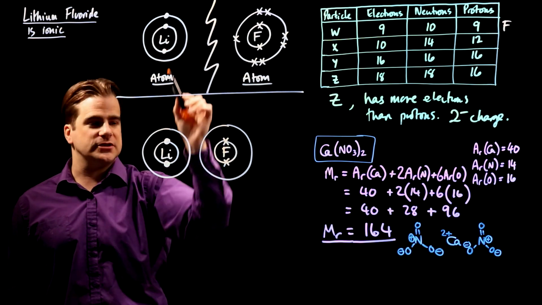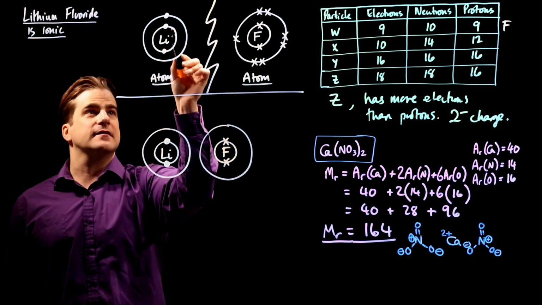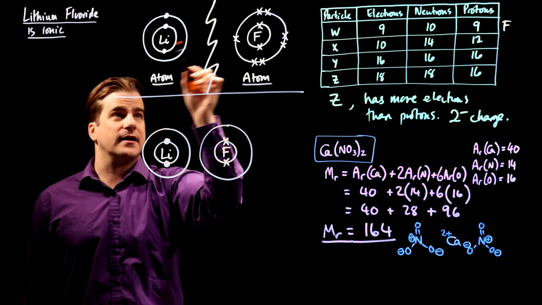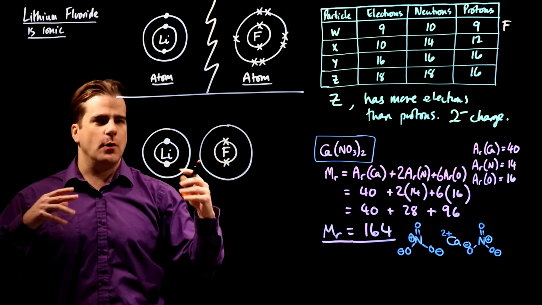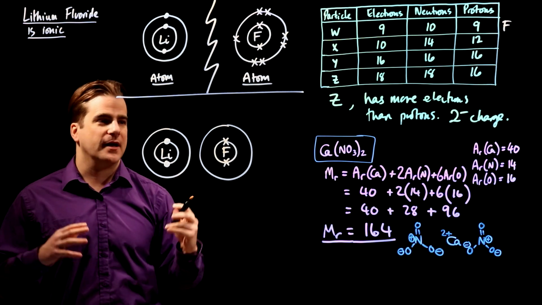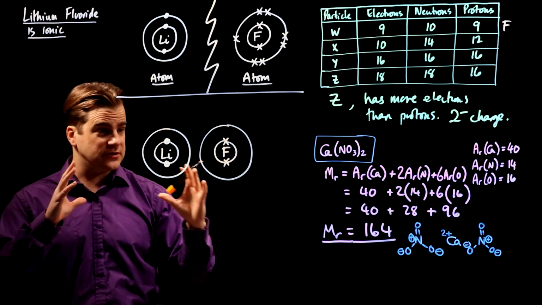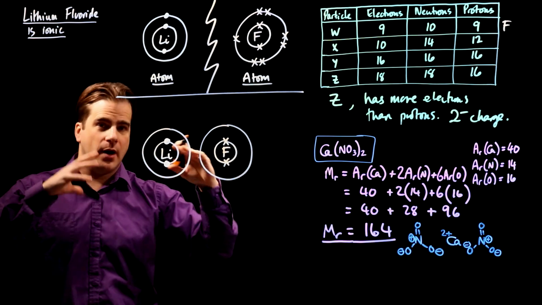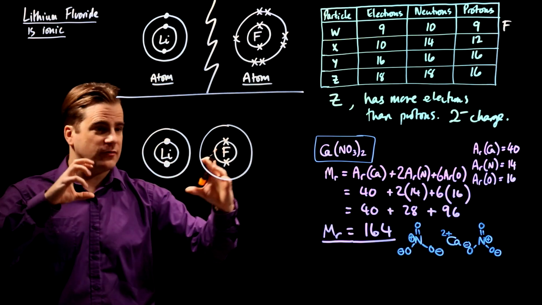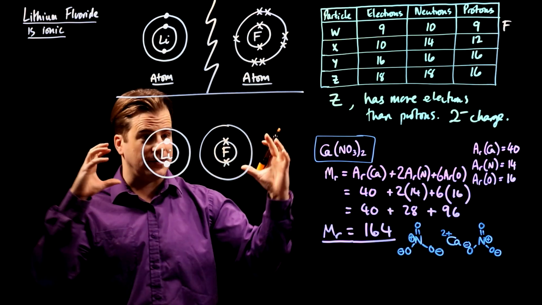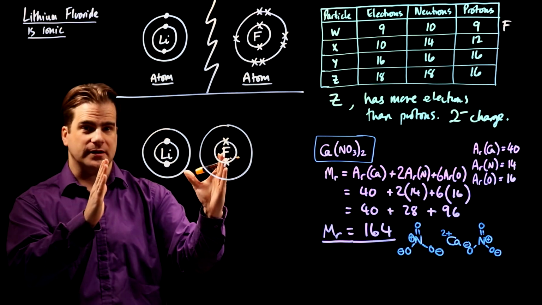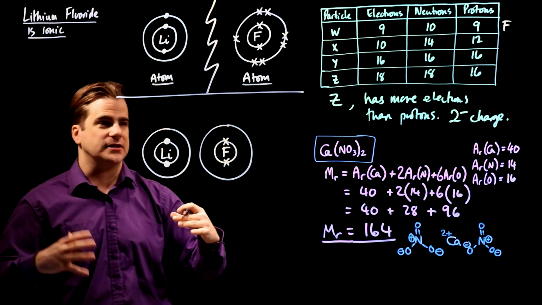The new outer shell for the lithium is this one with 2 electrons. So they both get a full outer shell, which is what they want. They're more stable in that condition. When atoms get full outer shells, they're happy and stable. So that's why this is a good marriage, and you find lithium fluoride in nature.